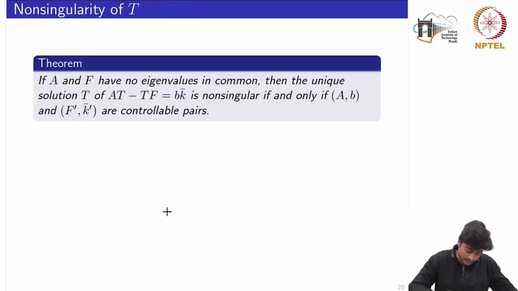So this is one of the important results: if these matrices A and F have no eigenvalues in common, then the unique solution T of this Lyapunov equation is non-singular if and only if the pairs A, B and F bar, k bar transpose are controllable pairs.